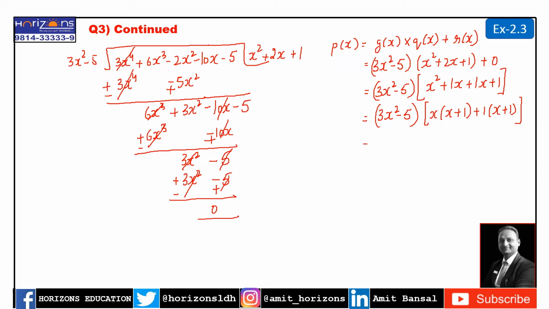We get this. So (3x square minus 5) into (x plus 1) into (x plus 1). Since we already know which two factors will be obtained if we put 3x square minus 5 equal to 0, so to find other zeros, we will simply put the new factors equal to 0.